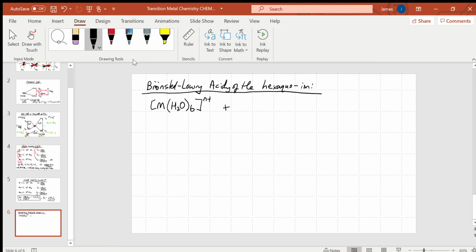Now, if this is in solution, we can have it in the presence of water.